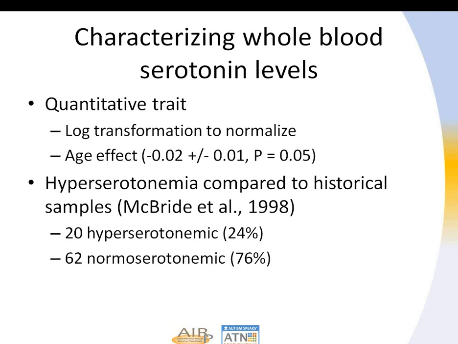That's right at the threshold of statistical significance, but it's clearly something that needs to be controlled. And then when we look at blood serotonin levels in relation to historical samples, run in the same lab but obviously some time ago, you find that roughly 24% of our population would meet criteria for hyperserotonemia. Now, we don't have actual controls in this sample, since we were looking for relationships between this biomarker and particular symptoms.